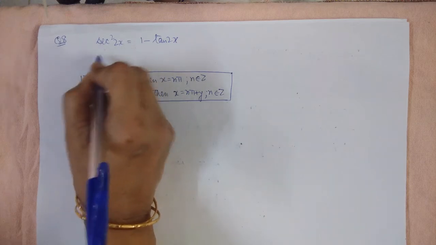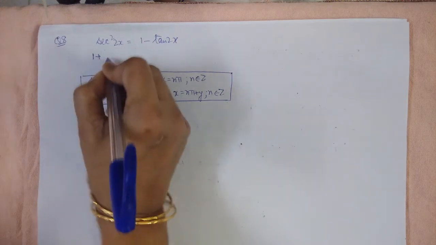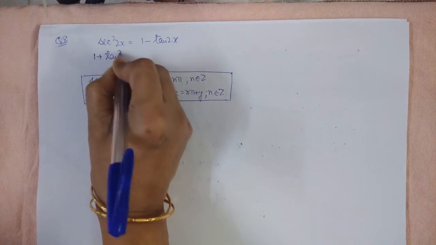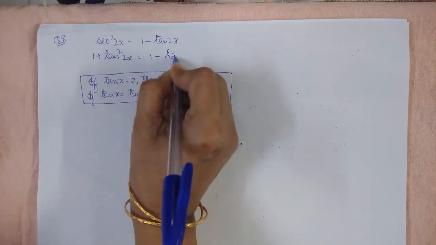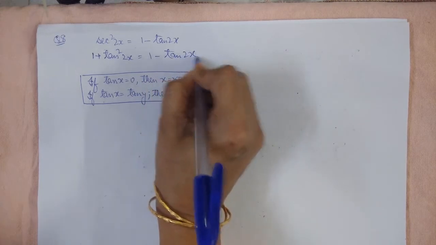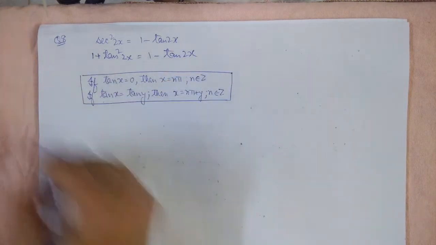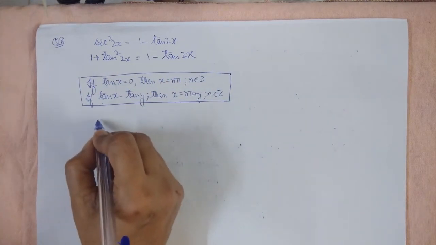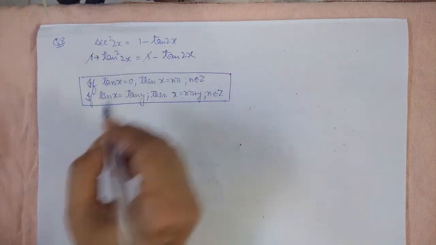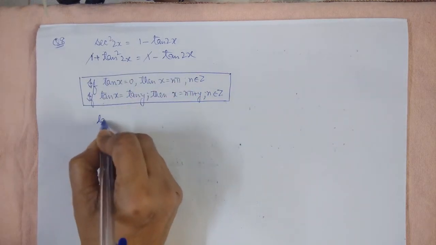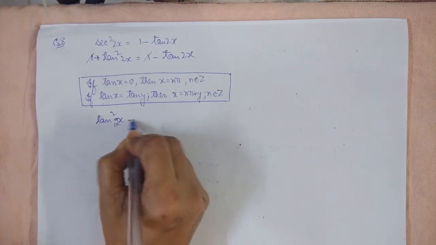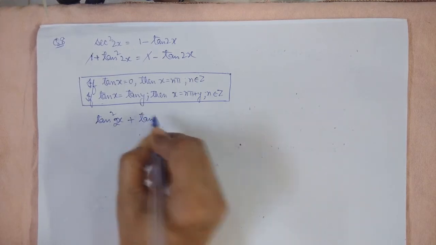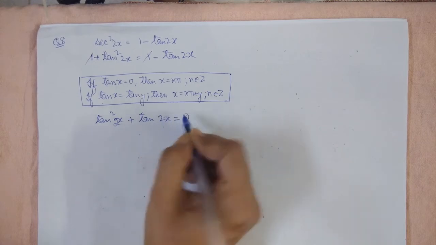So, instead of sec square 2x, we can write 1 plus tan square 2x, and this is 1 minus tan 2x. Okay. Now, shift the terms to one side. So, this 1 will be cancelled out. You will get tan square 2x plus tan 2x equals 0.